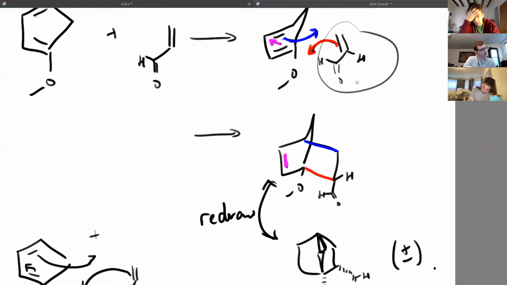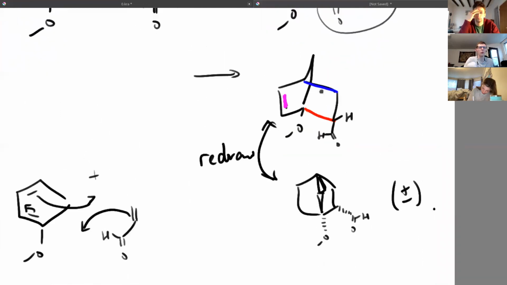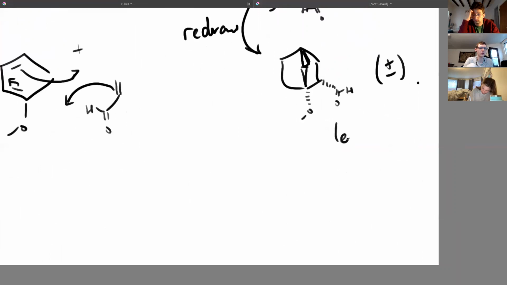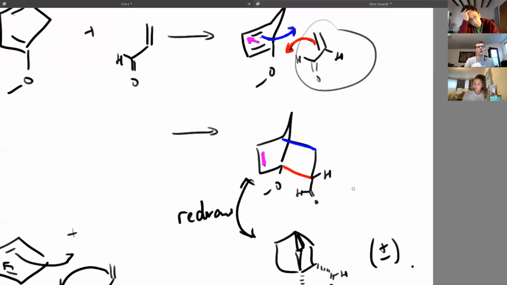Yeah. Let's see. Yeah, we would get. That kind of makes sense. So it would be like if you have that carbon bridge and the aldehyde both wedged or both dashed.